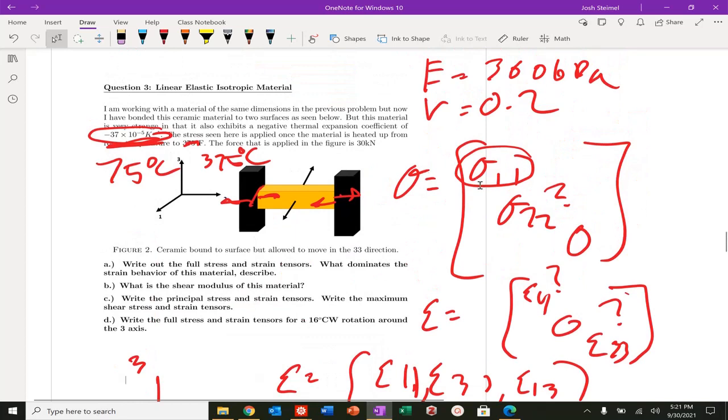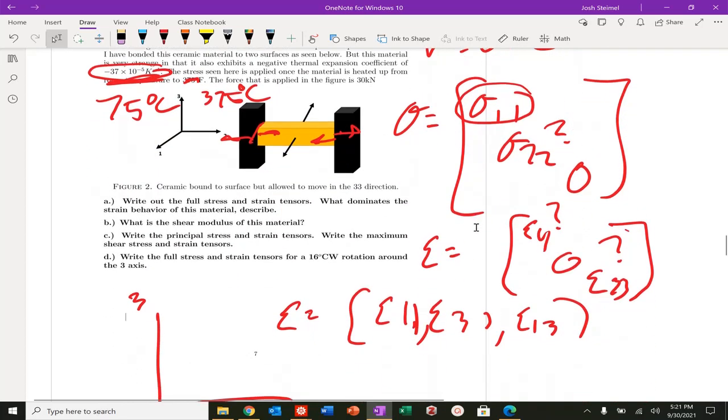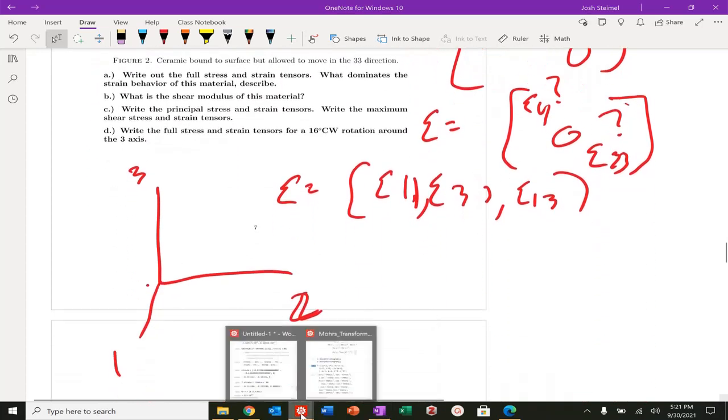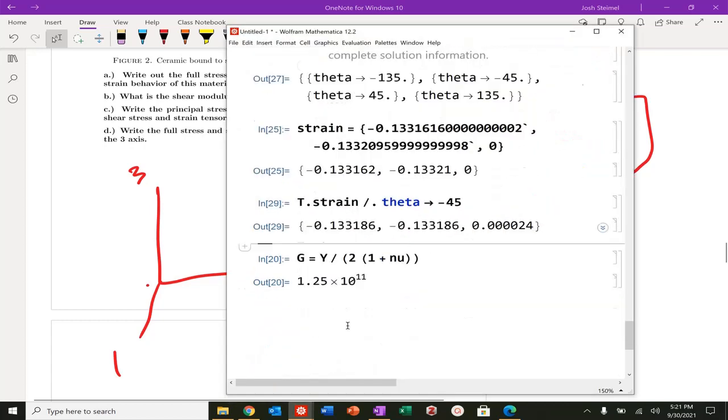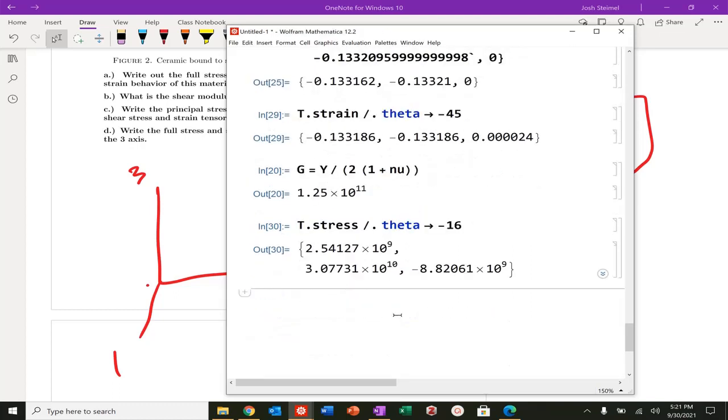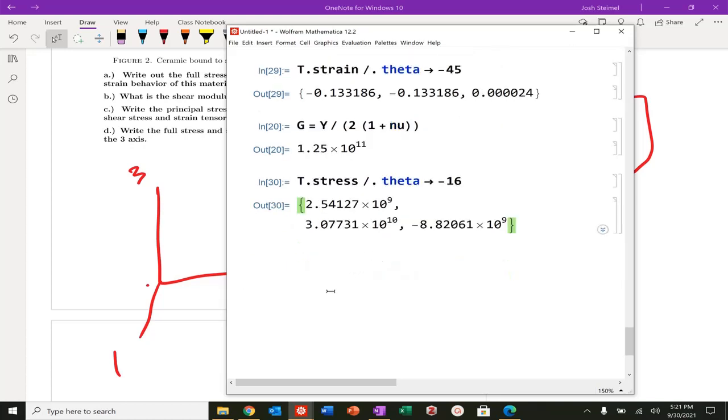For my stress, I'm in my plane stress state, so all I have to do is T dot stress slash dot theta goes to minus 16, because clockwise is negative, and this would be my sig 11, my sig 22, and this would be my shear stress. So you see I have shear stress now, my sigma 12. Those would be the 3 values that exist. Everything else is 0. So sig 11, sig 22, sig 12.